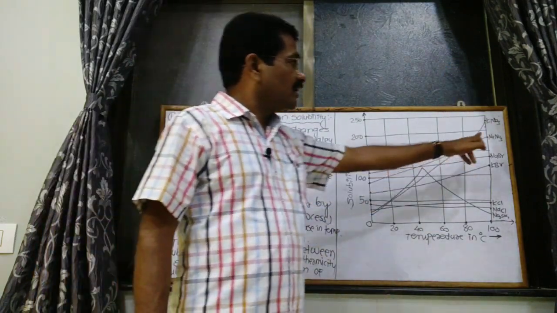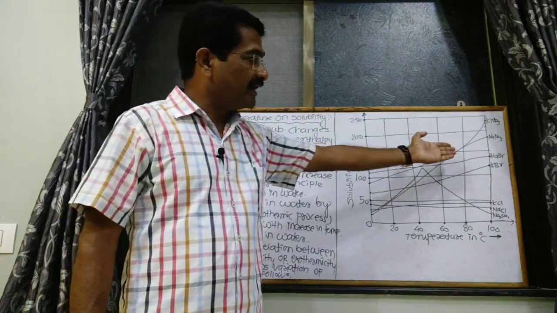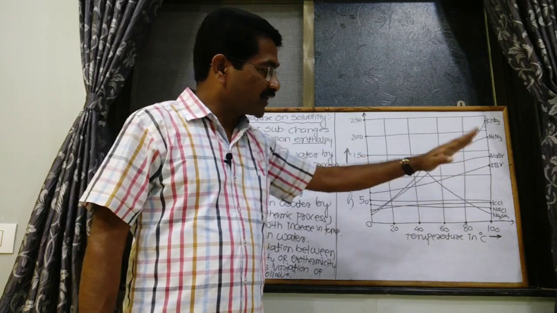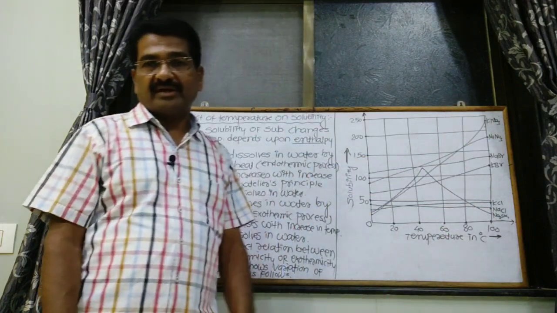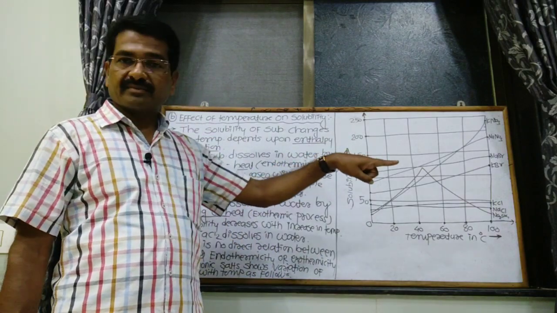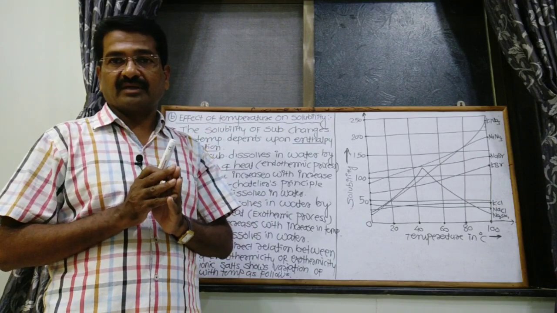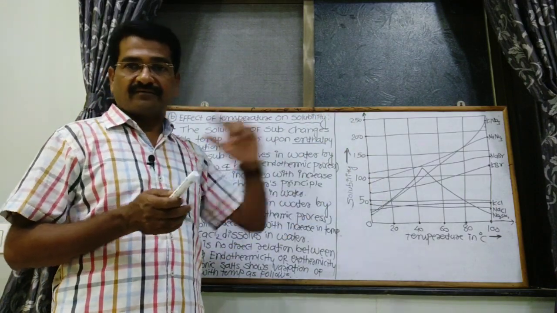Second, sodium nitrate. Third, sodium bromide, potassium bromide, sodium chloride, and the last one is sodium sulfate. All these salts show variations with temperature, and those variations are indicated in this graph.